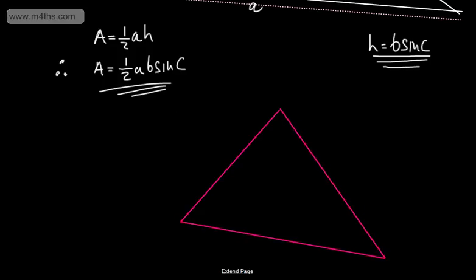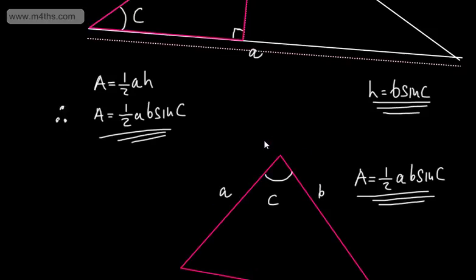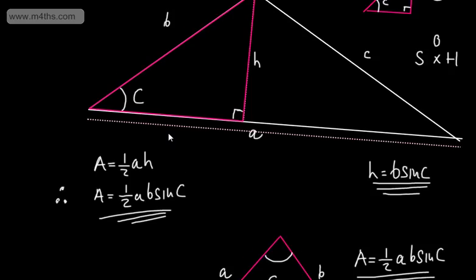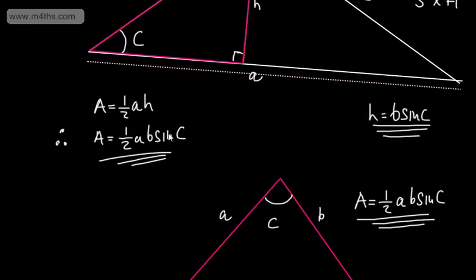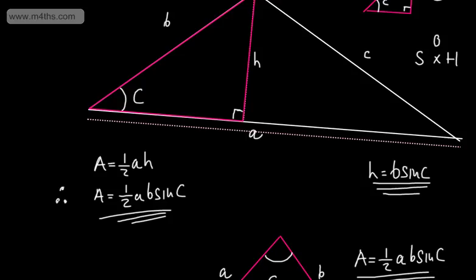We're going to have now the angle, so this is going to be C, so the angle is here, that's C, this is going to be A, this is going to be B. We can say that the area of this triangle, where we have the enclosed angle C, enclosed between A and B, is 1/2 AB sine of C. So all you need to do is stick the numbers in and you will solve the problem for the area of a triangle. You can of course still use base times height divided by 2 if you have a perpendicular height. So let's go ahead and put this into action and look at solving some problems.